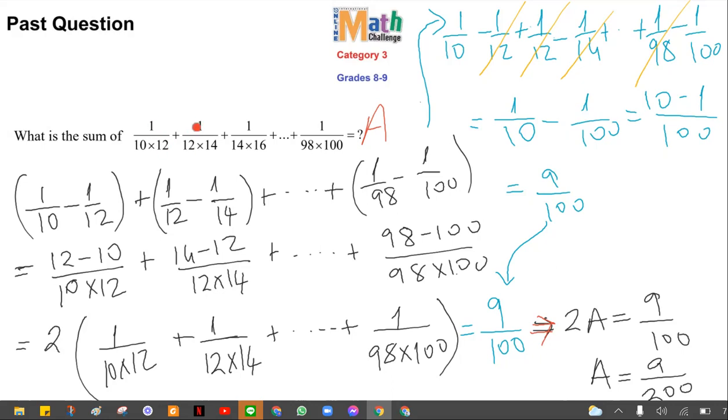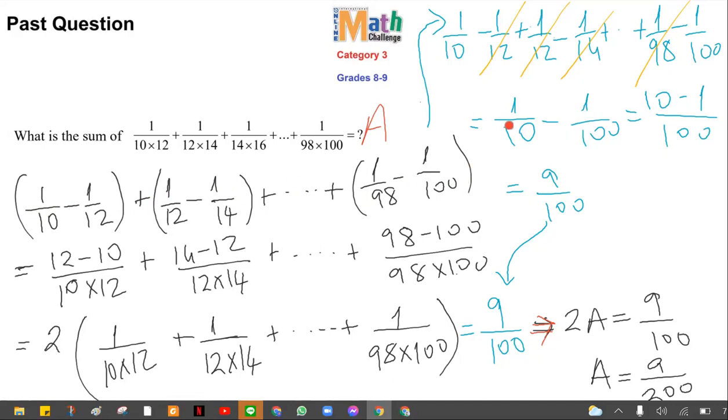The first one in the second bracket will be 1/12, and likewise the next will be 1/14. One of them comes positive, the other comes negative, and they cancel out. We end up with just two fractions, the first one and the last one. So it is very easy to calculate this expression.